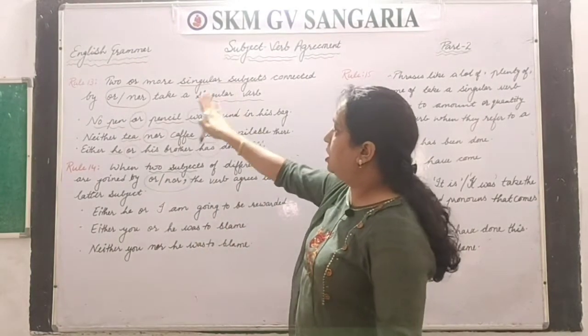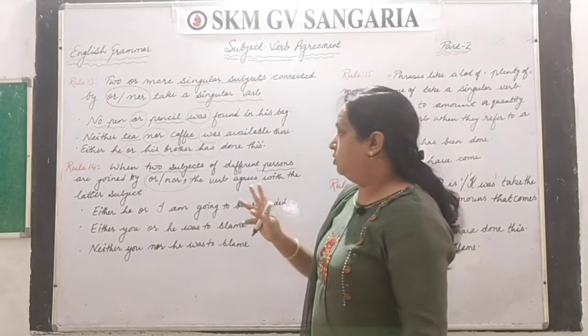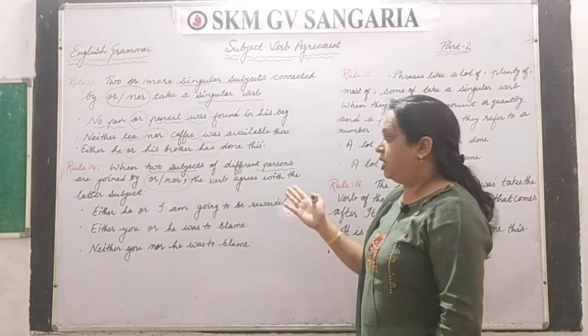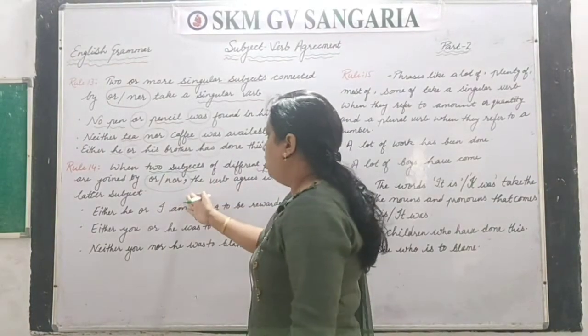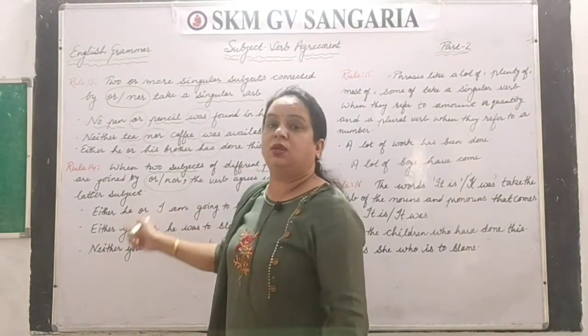Earlier the same person was there, means singular subjects were there, but here different persons are joined by or, nor, the verb agrees with the later subject.